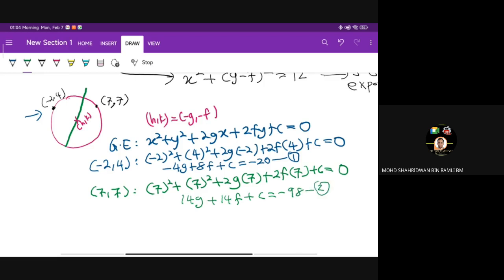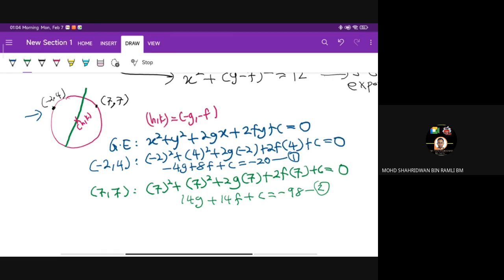When you use your calculator, press menu and then choose number 8, equation. Then press equal and choose simultaneous equation, and the calculator asks for how many unknowns. Put 3.